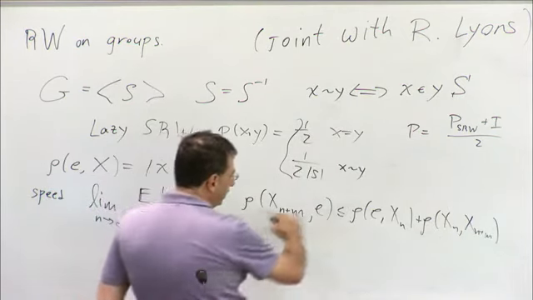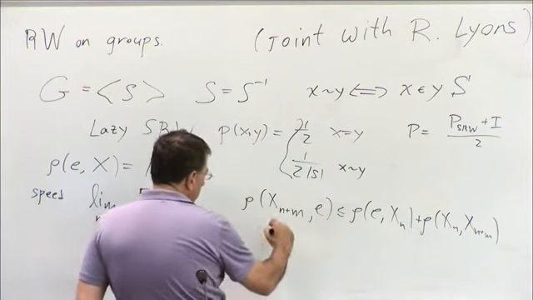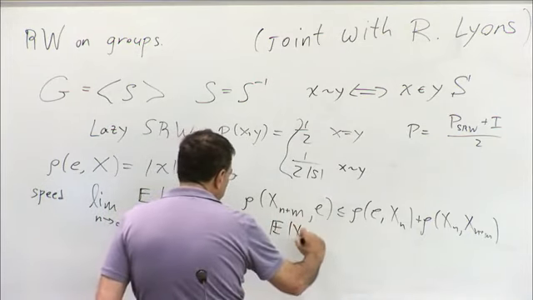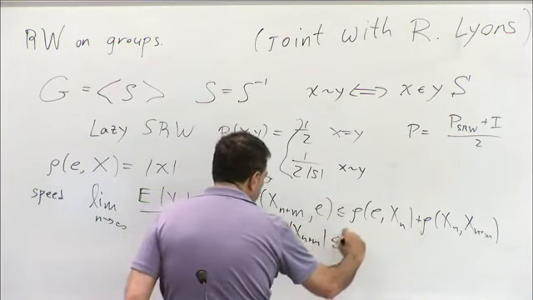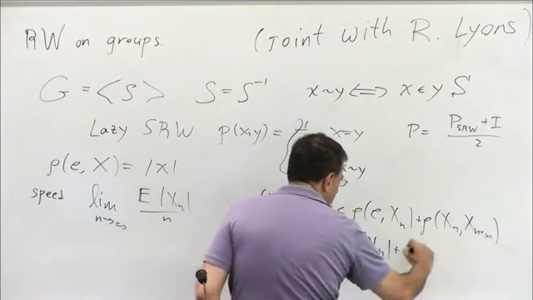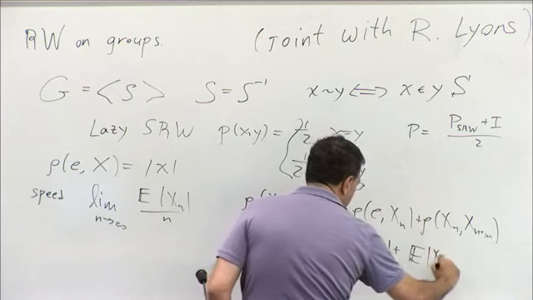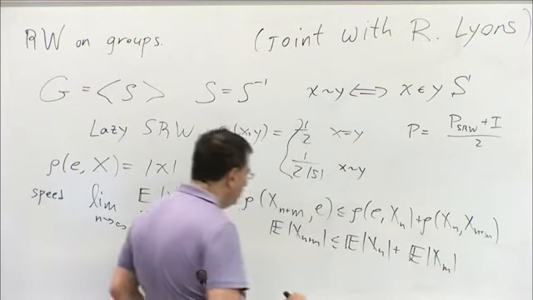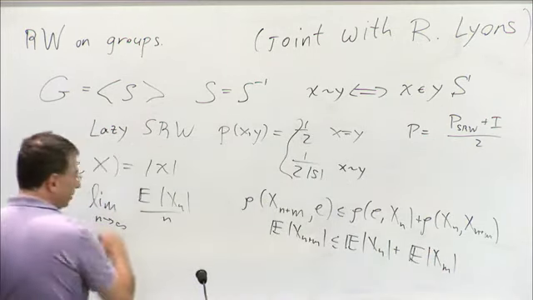Now you just take expectations and use group invariance, so you have the expectation of |x_{n+m}| is less than the expectation of |x_n| plus the expectation of |x_m|. So you have subadditivity, which then implies that this limit exists.